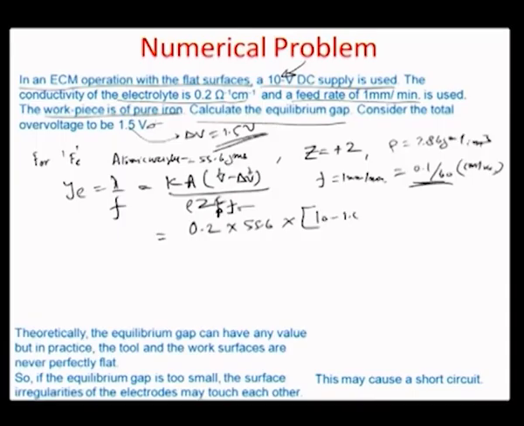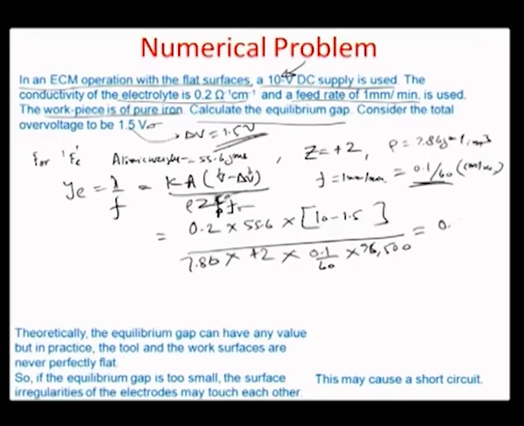So, you have 10 minus 1.5 as the V minus delta V term, divided by 7.86 gram per centimeter cube, which is the density, times valency, which is plus 2, times the feed rate, which is 0.1 by 60, times this 96,500 coulombs, which is the Faraday constant, and therefore this can be calculated to be 0.04 centimeters, which is actually about 0.4 millimeters or 400 microns, and that is about how the equilibrium gap would typically look like.